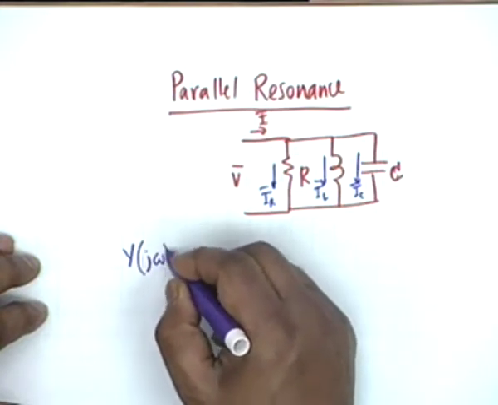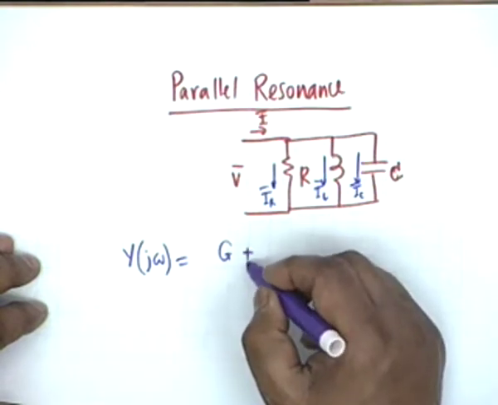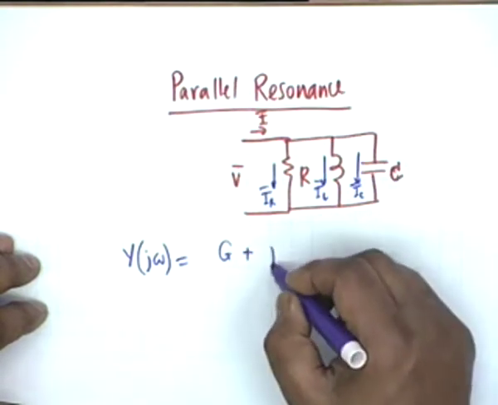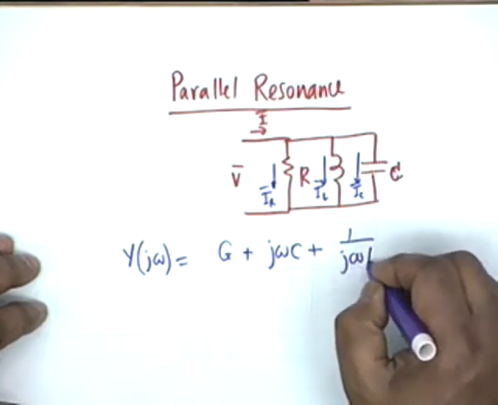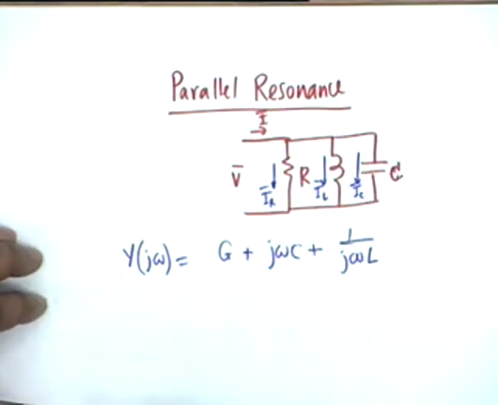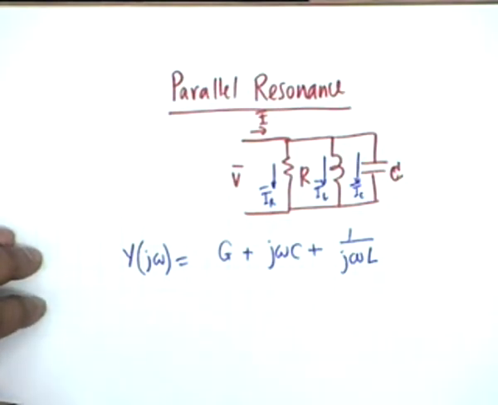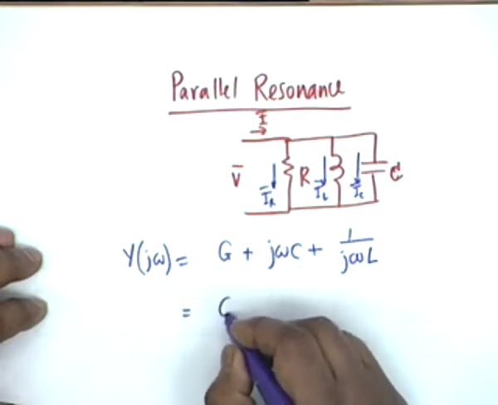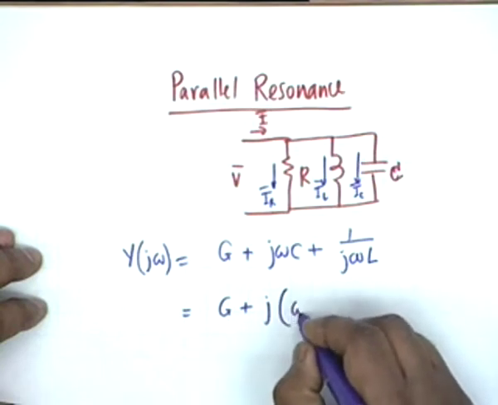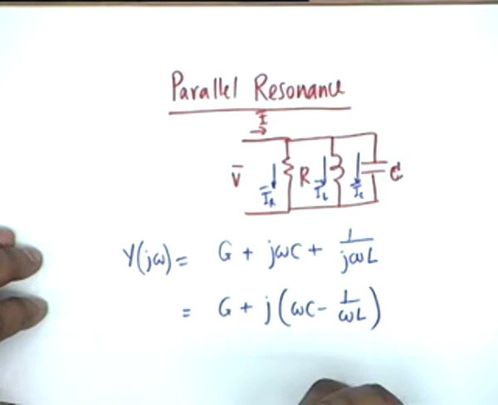So Y of j omega, as you can see, is G, which is 1 by R, plus the admittance of the capacitor, which is j omega C, and the admittance of the inductor, which is 1 by j omega L, and therefore L and C interchange their roles, and G takes the part of resistance in a series resonance circuit. This I can write as j omega C minus 1 by omega L, and one can proceed exactly similarly.